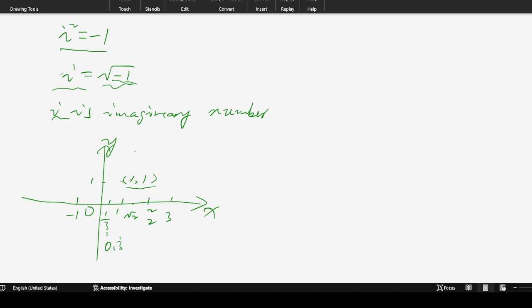So this one is 1 plus i. You could write 1i, but usually we don't write it like that. If it's 2x, we write 2x, but 1x we don't write, we just write x.